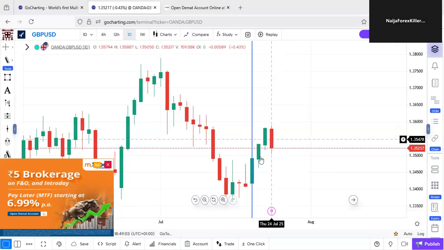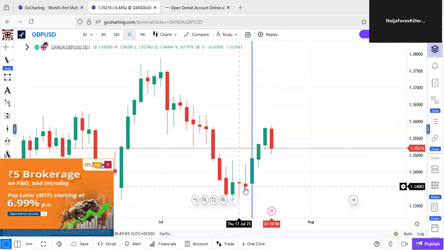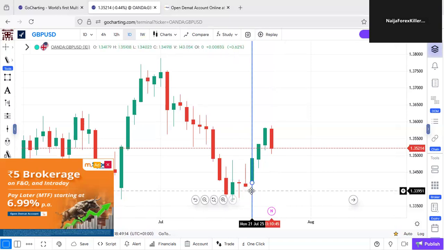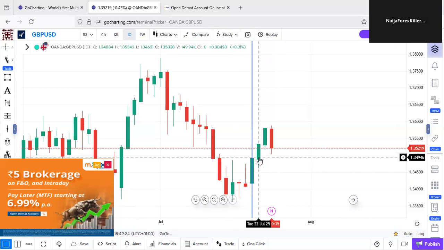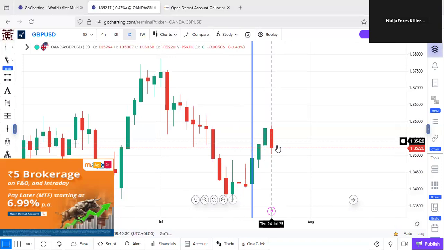If you check from this arrow, you will notice that this is 21st of July, Monday. The next one is Tuesday, while the next one is Wednesday, and the last one is Thursday. Means tomorrow, which is Friday, another candlestick will come. All of them will not be in that one week candlestick. That's how all these things are formed.